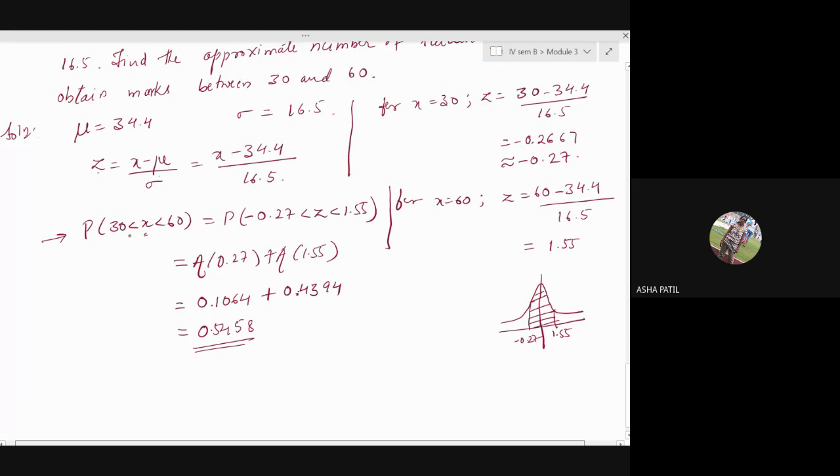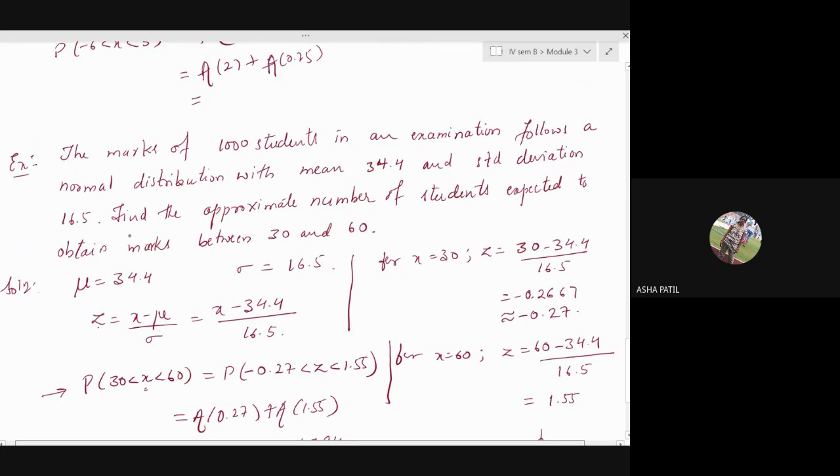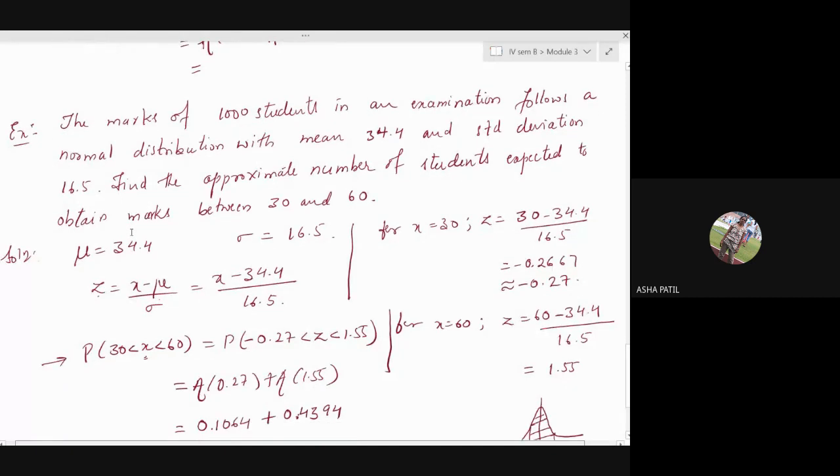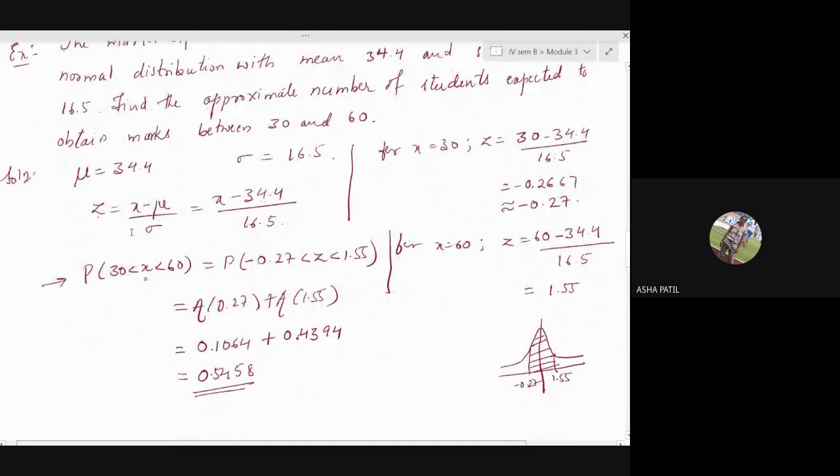Probability of marks obtained between 30 and 60. Probability of one student scoring marks between 30 and 60 is 0.5458.